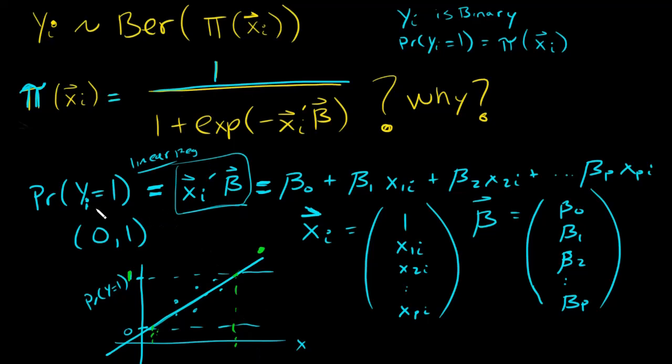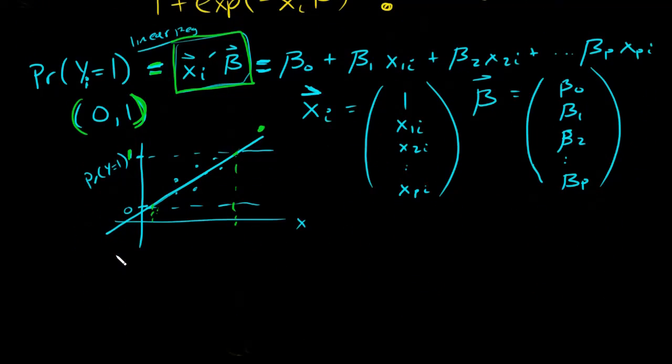So what we want to do is construct a way to model this where I'm still within 0 and 1. And that's where the logit function comes in to help us.